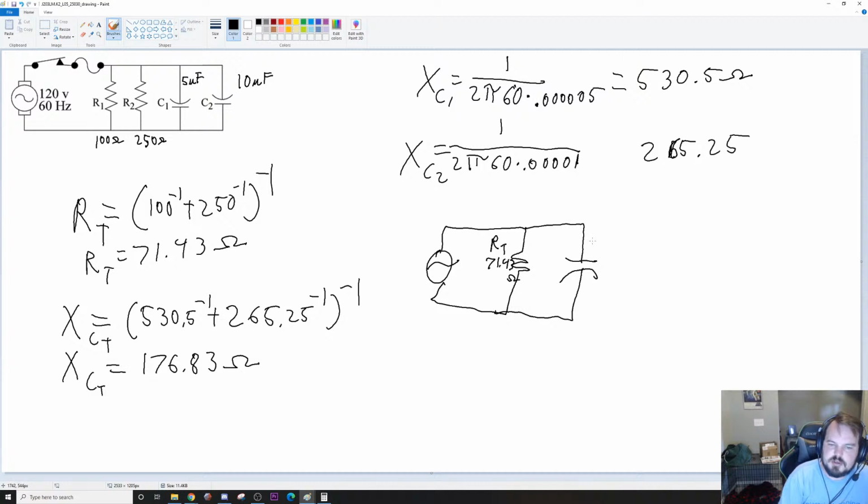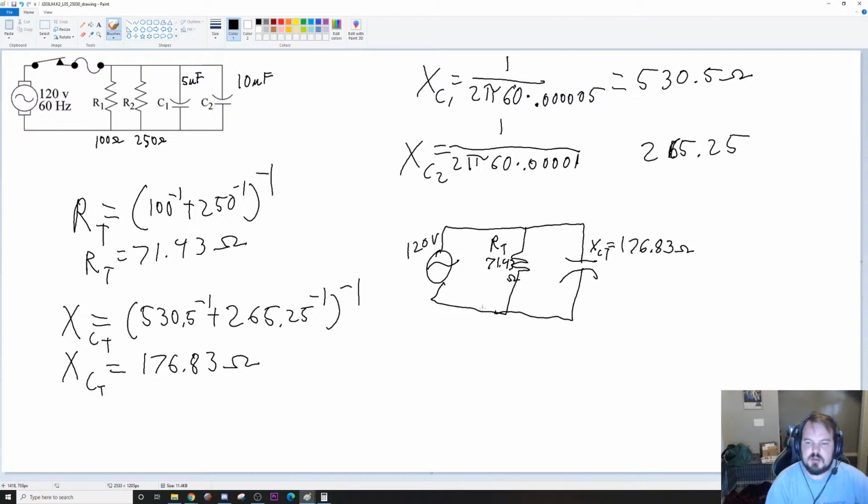X of C total is 176.83 ohms. So we have these two legs. We have 120 volts. We could go into our book, get the formula to do this, and it's a crazy formula. Or we could find our current, because the current is going to be easier to combine than the two resistances.